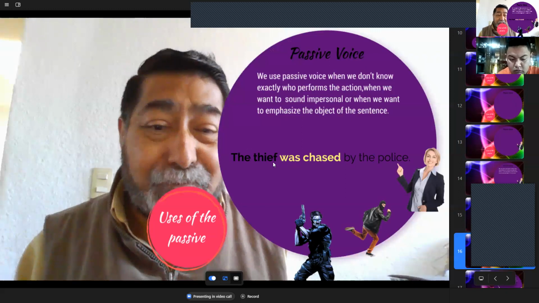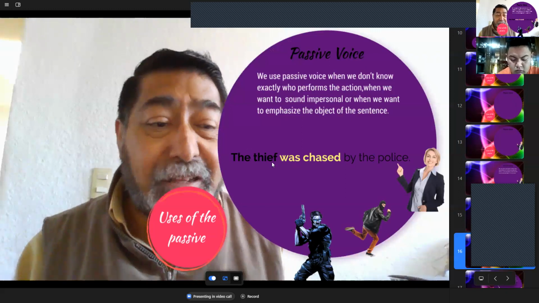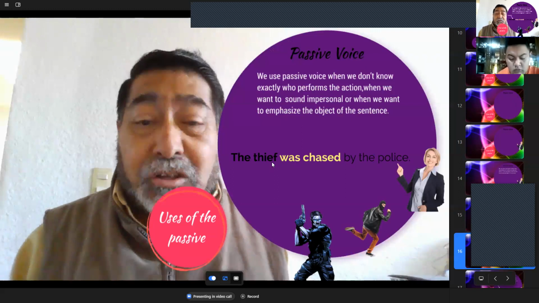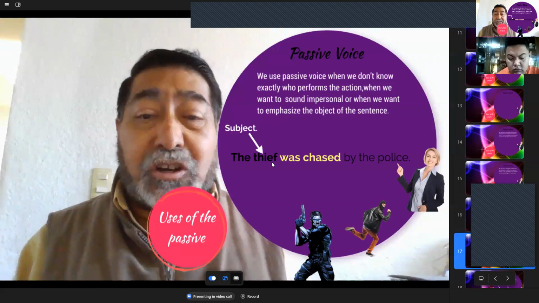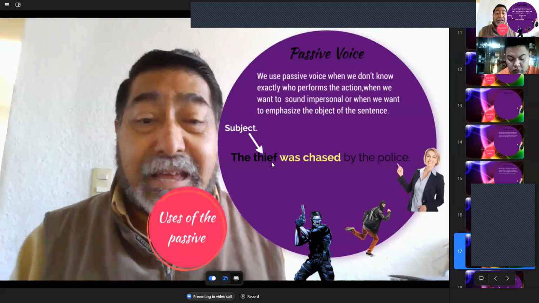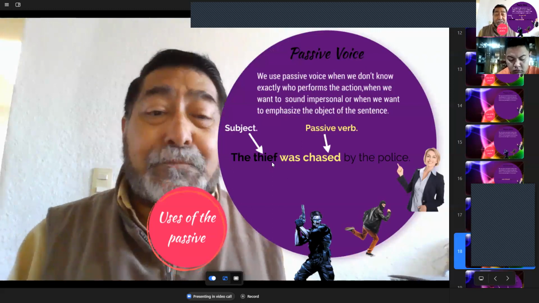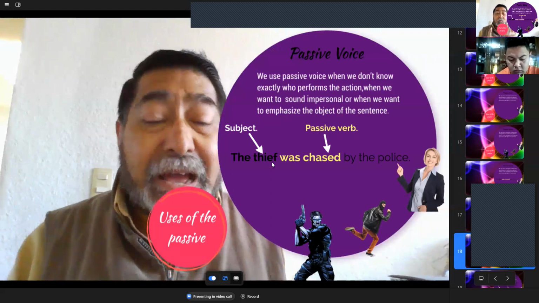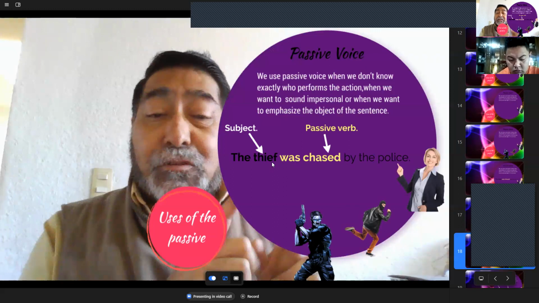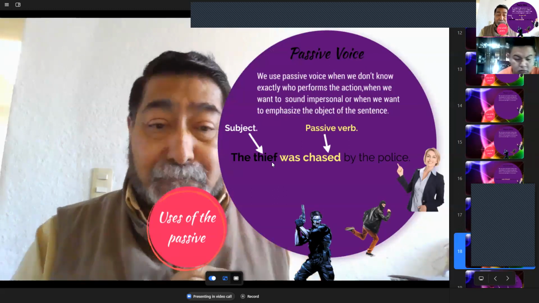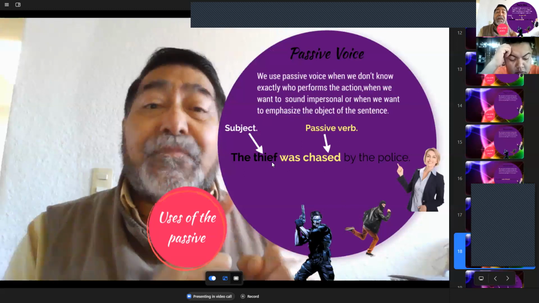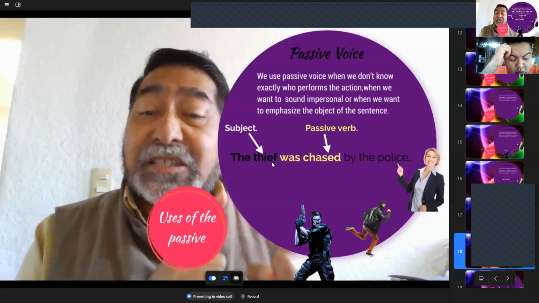Notice, here I am inverting the order. So the subject is the thief, and the passive verb, in this case, is was chased. Remember that in the previous example I said chased in the past. Now, as I am using a passive verb, I say was chased.